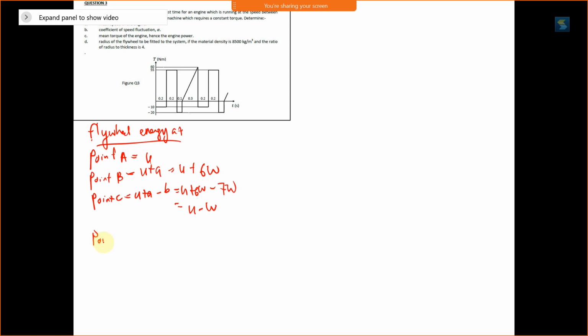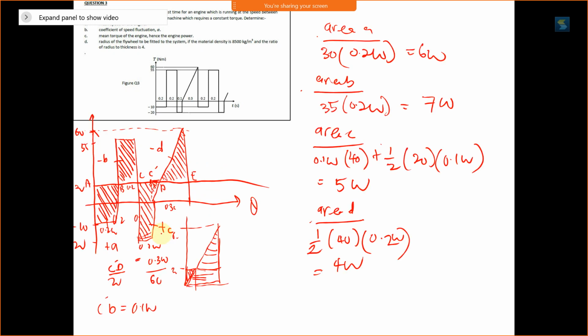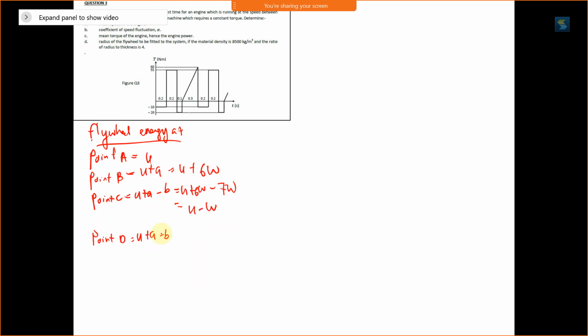And then point D, we have U plus A minus B plus C. So we have U minus omega plus 5 omega equals to U plus 4 omega.